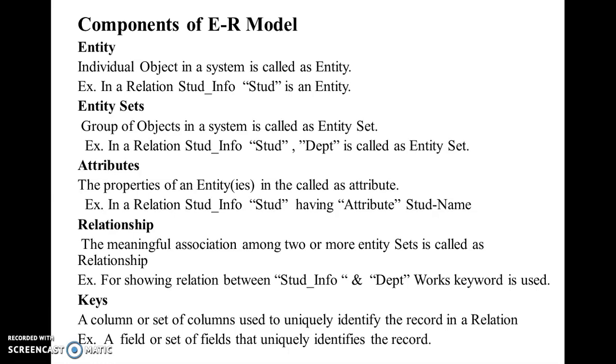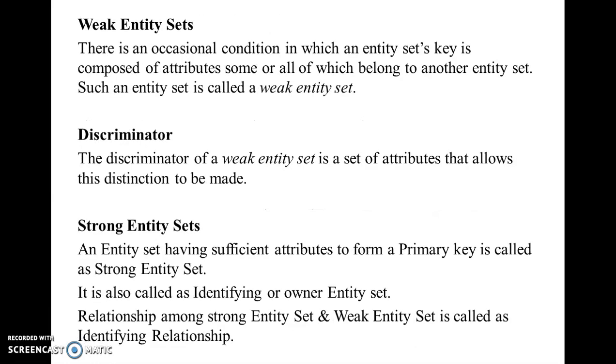If we are connecting two entities, the connection is performed by means of a relationship, which is a diamond. And finally, a key is useful to uniquely identify a record within a relation. Those are the theoretical concepts which we have already discussed in the theory session.